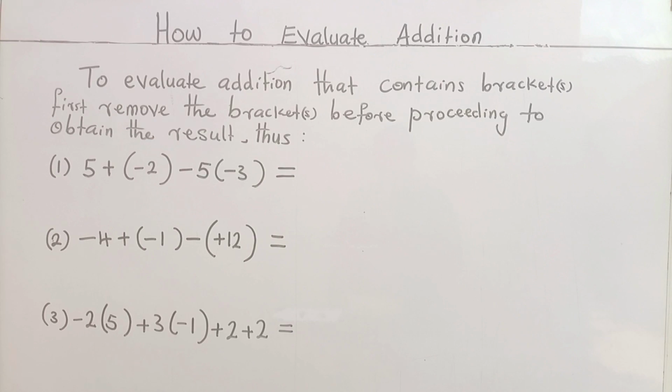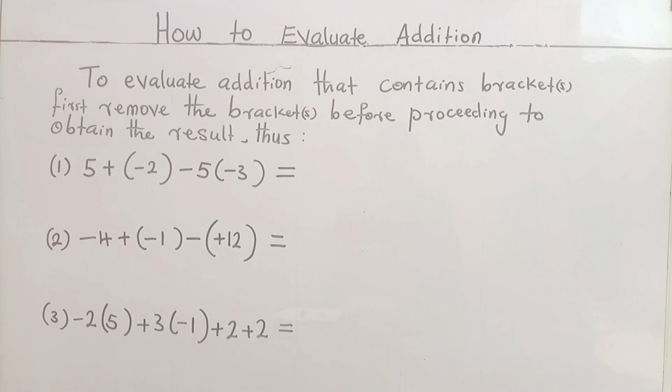Before now, you have learned how to handle brackets, open brackets, and make the numbers in the bracket become numbers without the bracket. Perhaps with these three examples, you will remind yourself of the process. Let us look at the first one: 5 plus minus 2 minus 5 bracket minus 3.